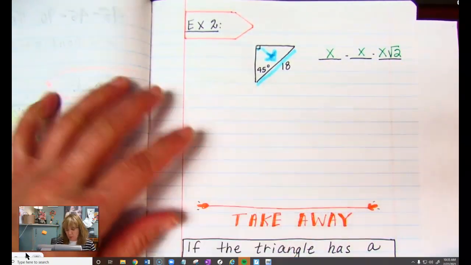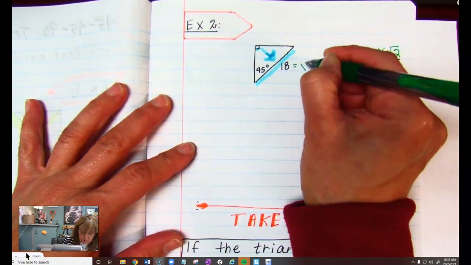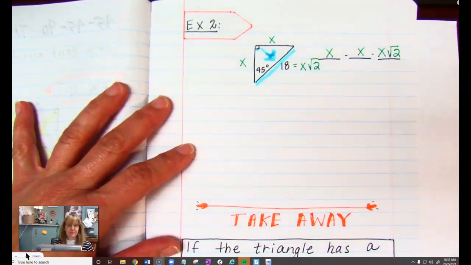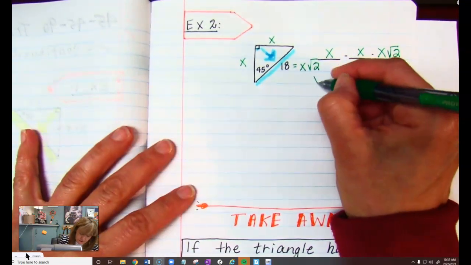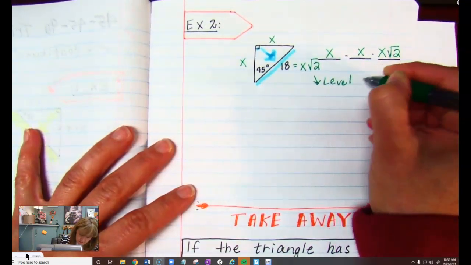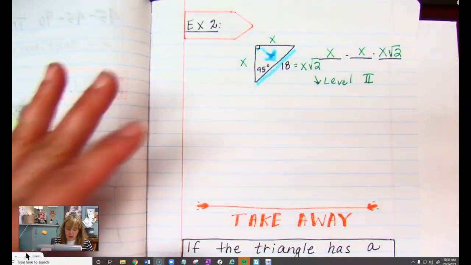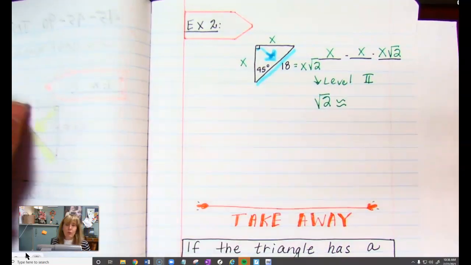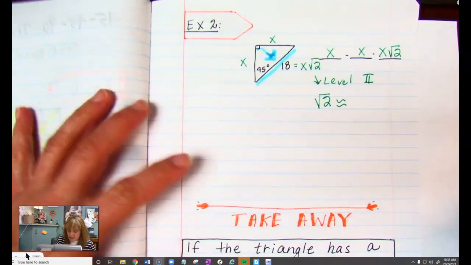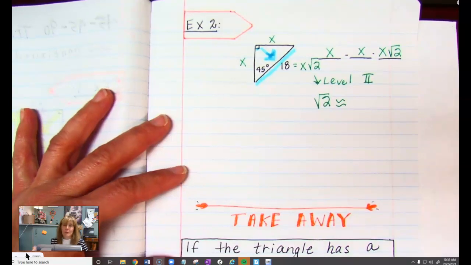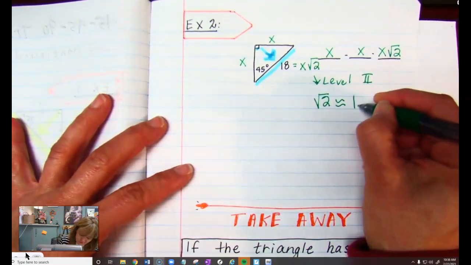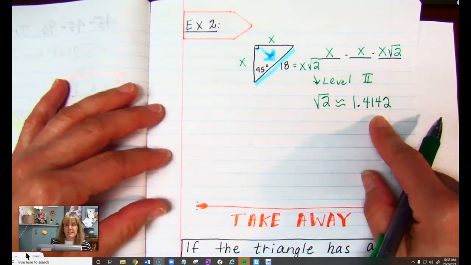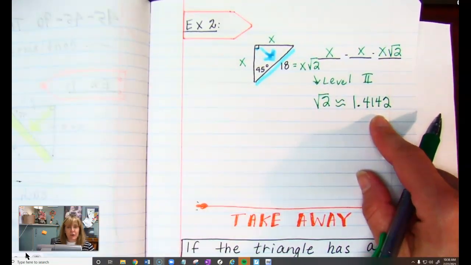I'm going to label my picture. So these are just X's. Remember, level 2, we have to solve. Earlier in class, we talked about what the square root of 2 is. The square root of 2 is approximately 1.4142, and we are certainly going to use that because we just have our basic four-function calculator with us.